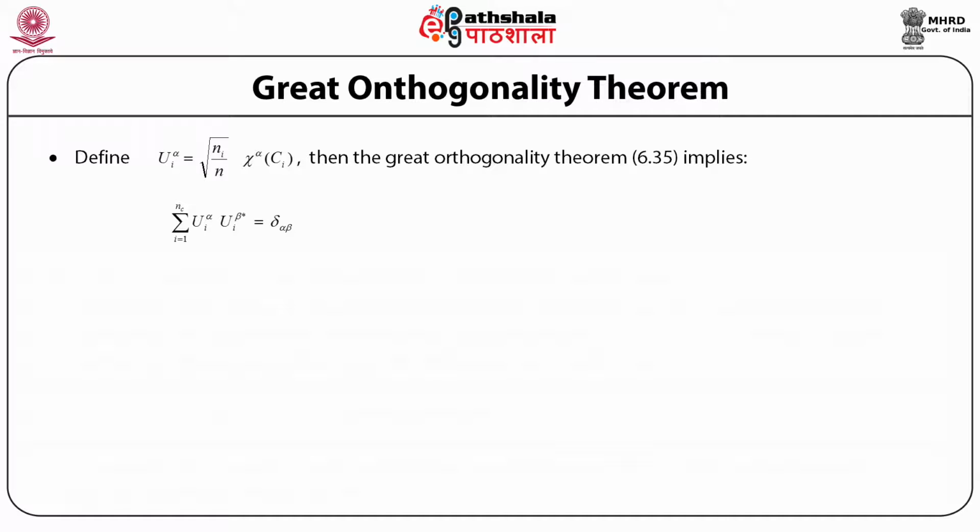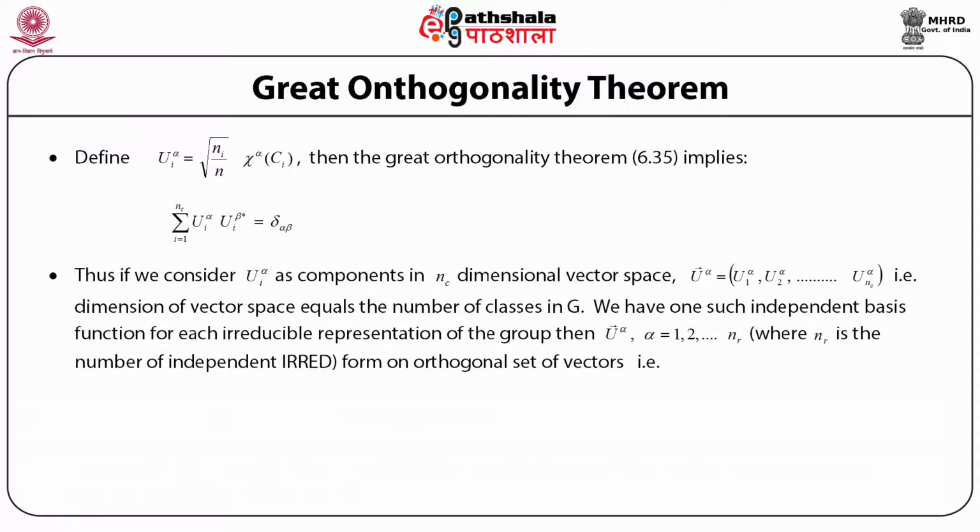Having defined u i alpha in this manner, the great orthogonality theorem implies that the sum over all the classes, i equal to 1 to Nc, of u i alpha u i beta star is equal to delta alpha beta.